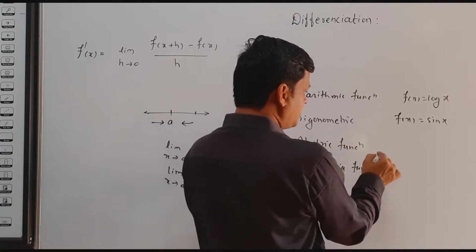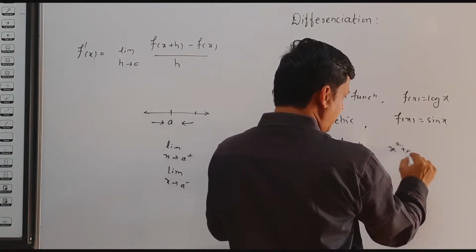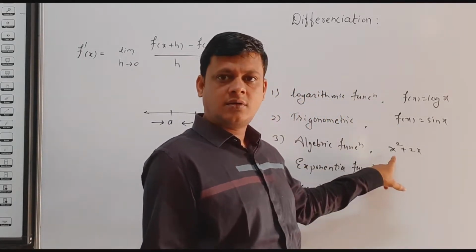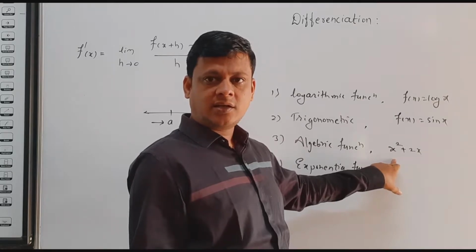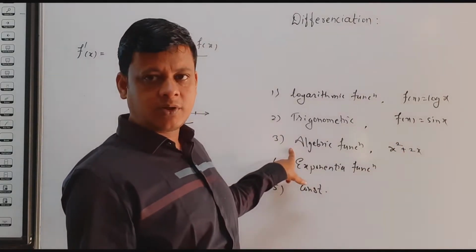Algebraic function means if the value is in the form of x square plus 2x, where the base is a variable and the power is a constant, then that type of function we call an algebraic function.